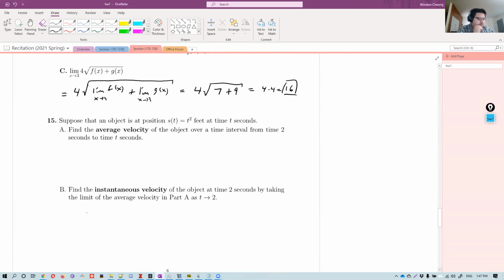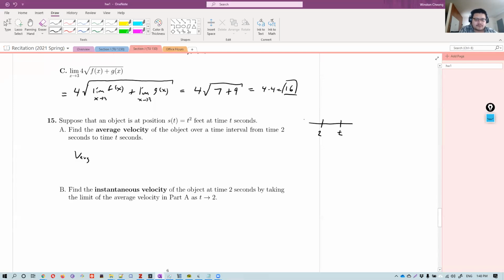The next few have to do with finding the average velocity and then from there finding the instantaneous velocity. So you should remember how you set up the average velocity. It's the change in distance over change in time. One thing I might want to do is illustrate how the time is changing. So we start at time 2 and then we end up at time t.